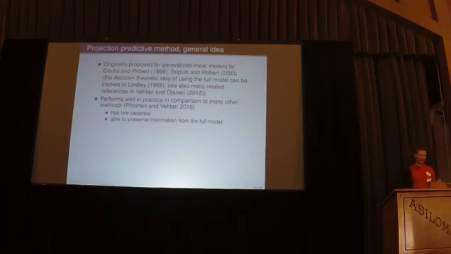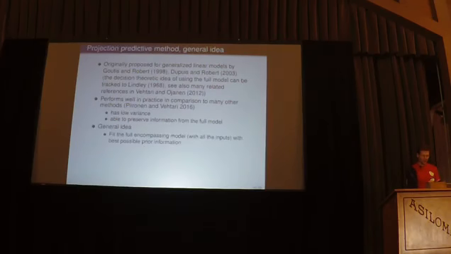I don't understand why people want to be doing so much with Bayes factors. It performs well in practice. So there's the paper, and you could already see some of the results. It has low variance and is able to preserve information from the full model.